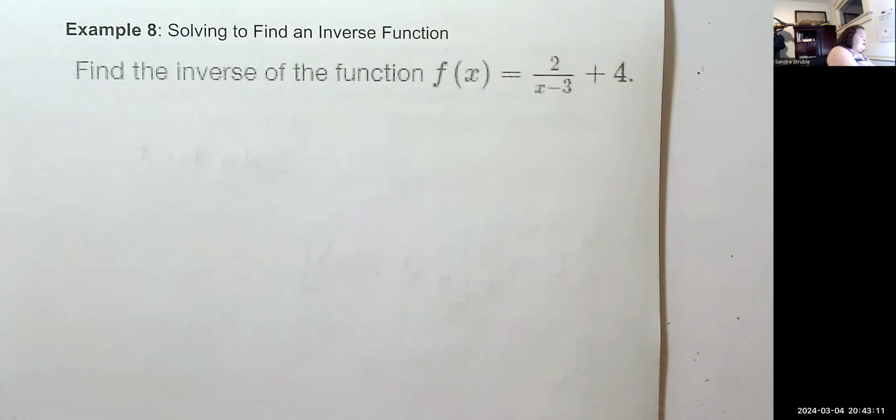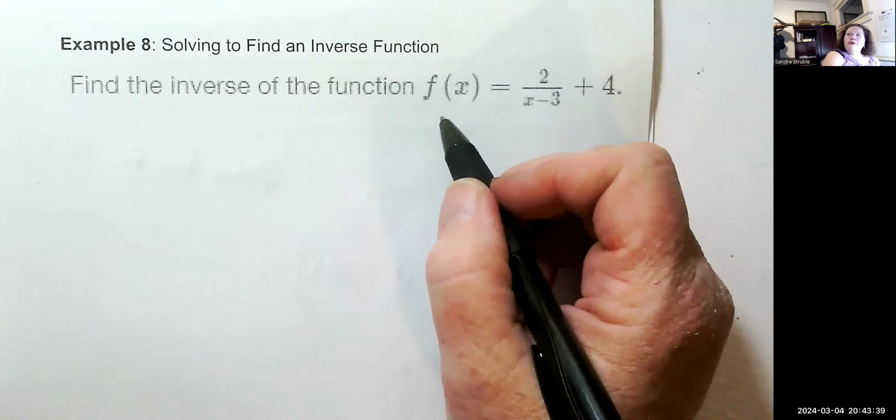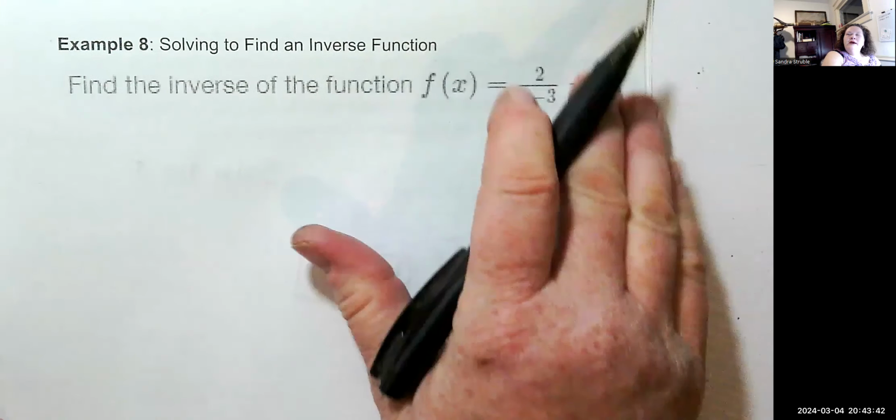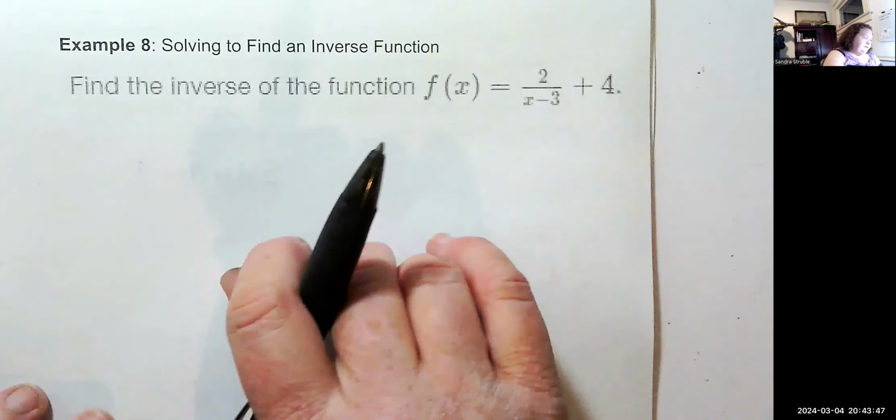Actually, they're very similar to what we just did, but we just solved for F. We've already seen that the domain of F is equal to the range of the inverse of F, and the range of F is equal to the domain of the inverse of F. So if we're solving for an inverse, and we've got F already, whatever we have over here is our range. Let me show you something kind of cool.